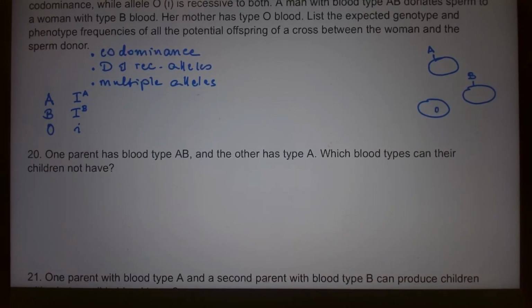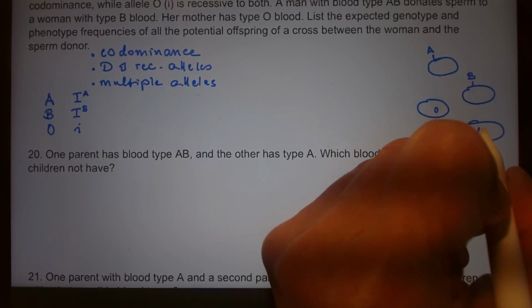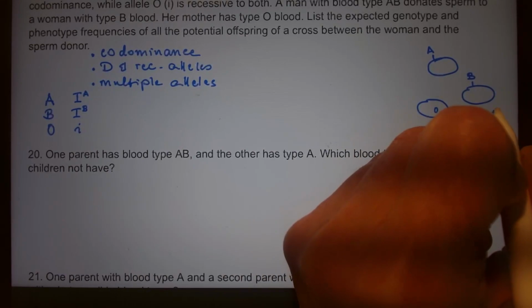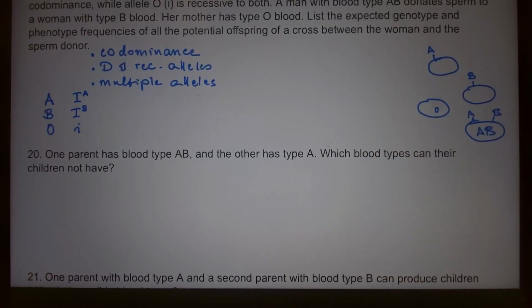Okay, and what does the AB blood person look like? The AB blood person's blood cells will contain an A as well as a B marker. Knowing that, let's list the expected genotype and phenotype frequencies of all the potential offspring of a cross between the woman and a sperm donor.